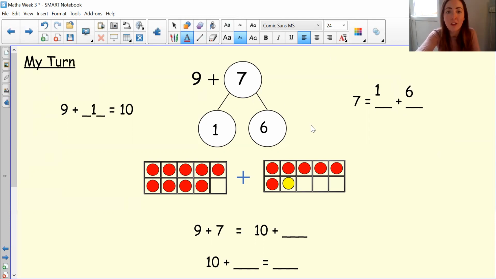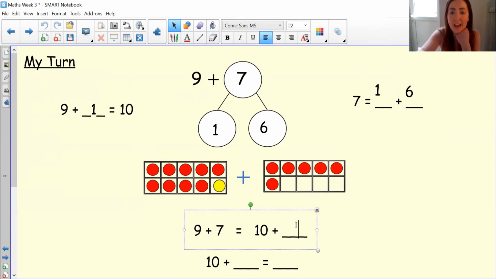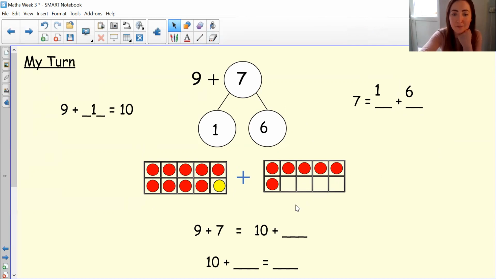There we go. Okay, so now I know that, I can also show it in my 10 frame. So here is 9 add 7. But again, if I move this one over to make 10, then I have 10 add 6. So 9 add 7 equals 10 add 6.